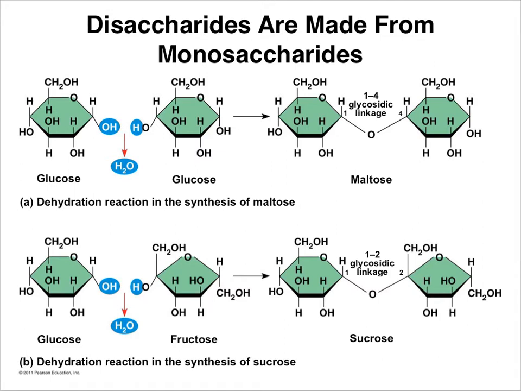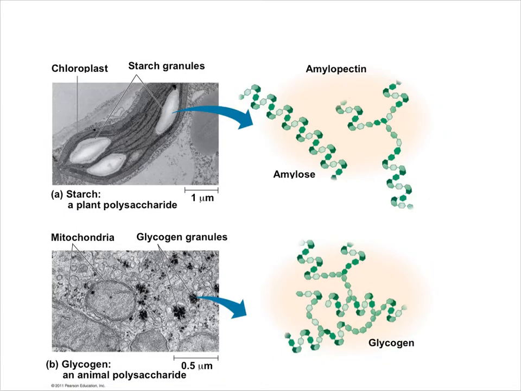And we can label different types of sugar linkages, and some of them are easy to digest and some of them are less easy to digest. Longer polymers, polymers with many hundreds or thousands of glucose in them, which is how you store glucose, are usually going to be either starches or glycogens, or sometimes celluloses.